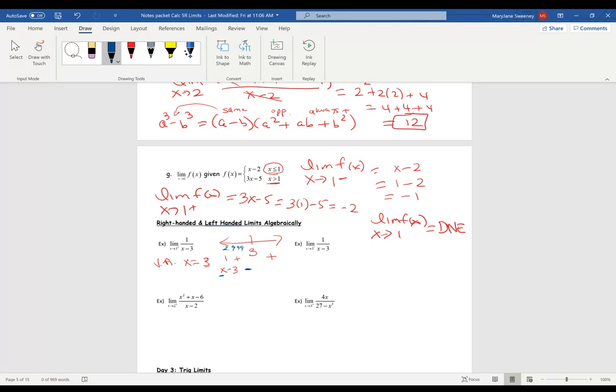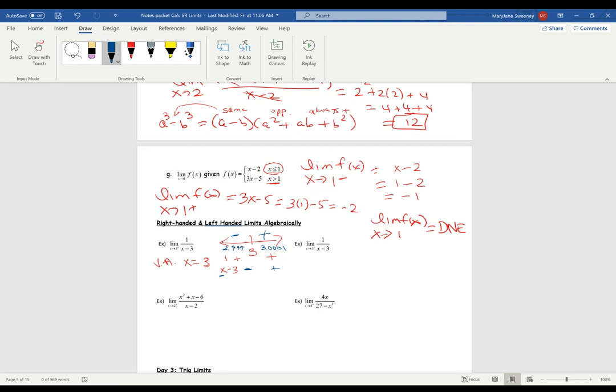Well, it would be negative, right? And then a positive divided by a negative is negative. If I put something just to the right, 3.0001, that will be positive. Positive divided by a positive is positive.